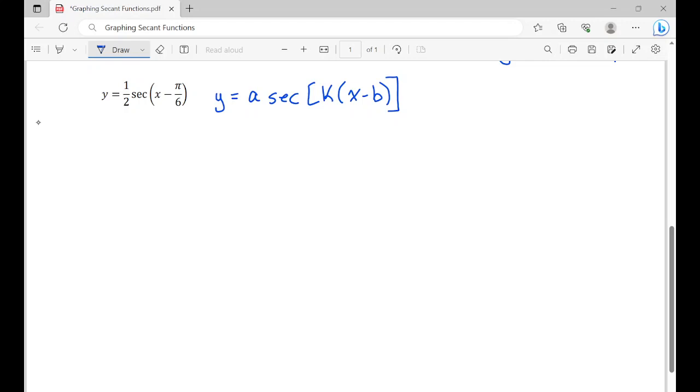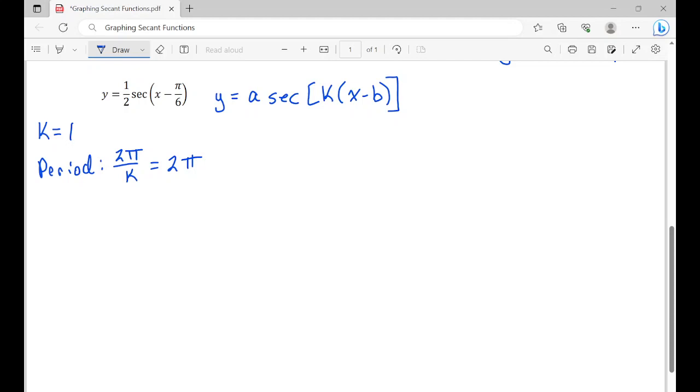First things first, I'm going to get k. K in this case is the number in front of x, which is a 1, so easy. And now we're going for the period. The period again is 2 pi over k, so the period is 2 pi over 1, just 2 pi.